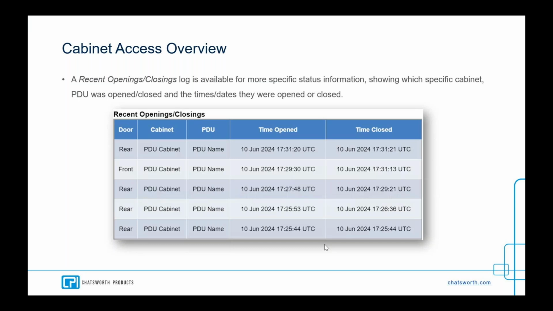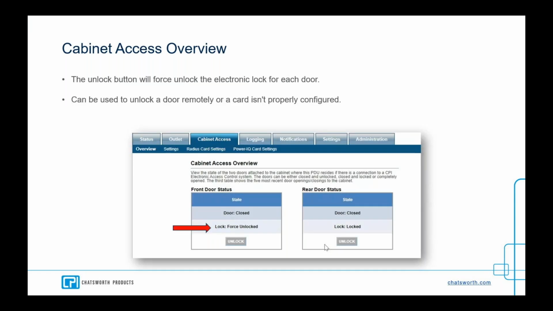So it will show which specific cabinet PDU was opened or closed and the times and dates they were opened or closed. When using the functionality by pressing the unlock button, it will immediately unlock the electronic lock and provide an updated status on whichever door this applies to.